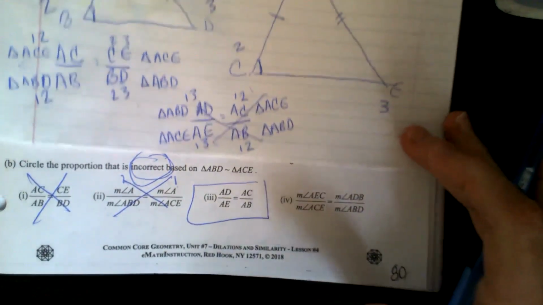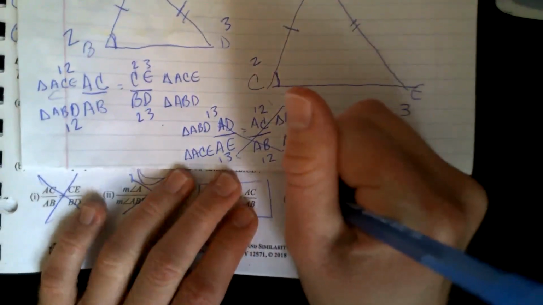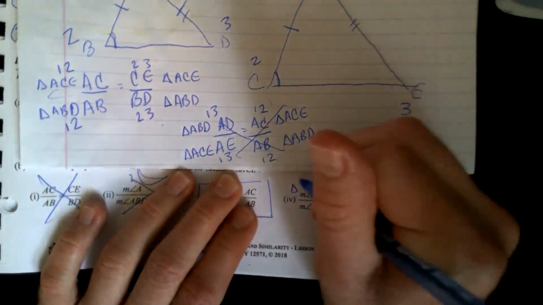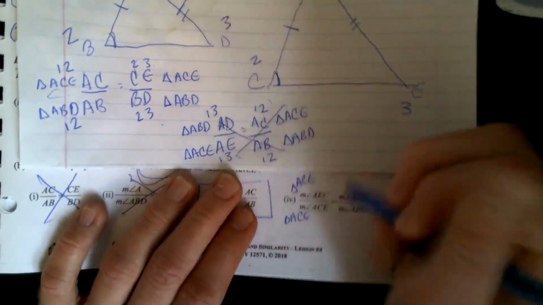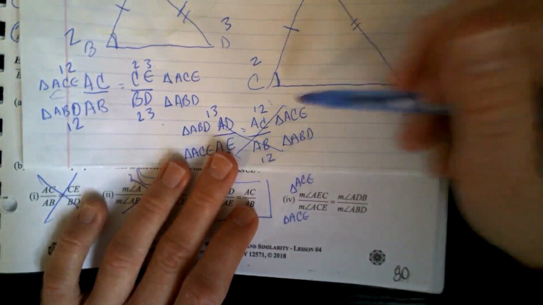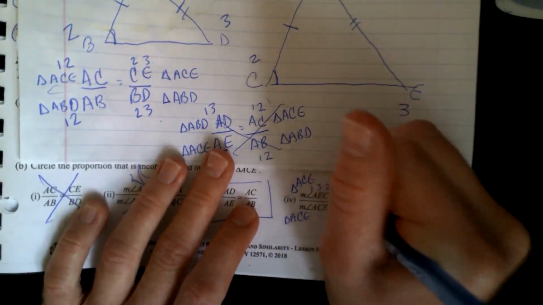Now let's take a look at the last choice just to be safe. Now we have AEC over ACE, so that's from triangle ACE, triangle ACE. That is 1, 3, 2.